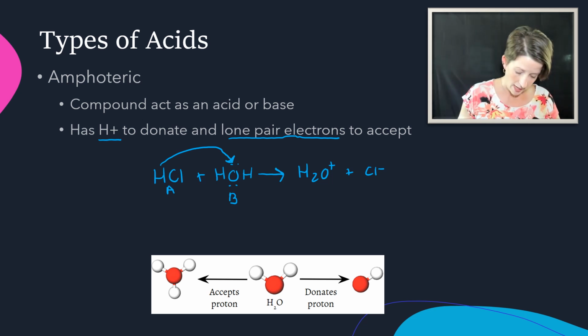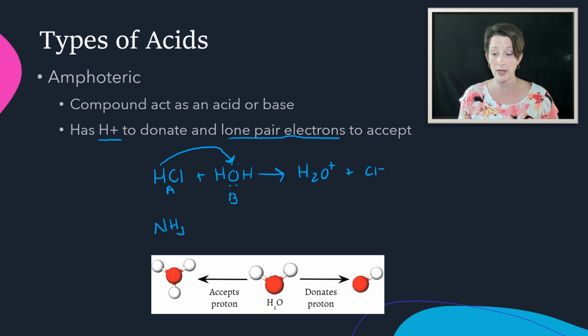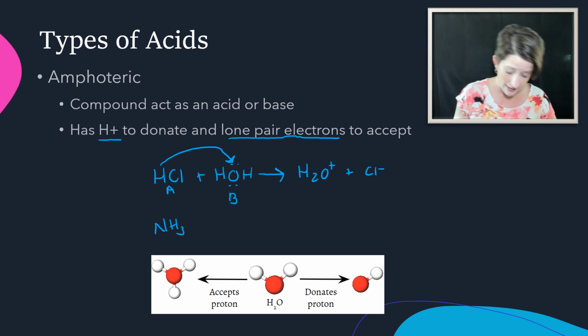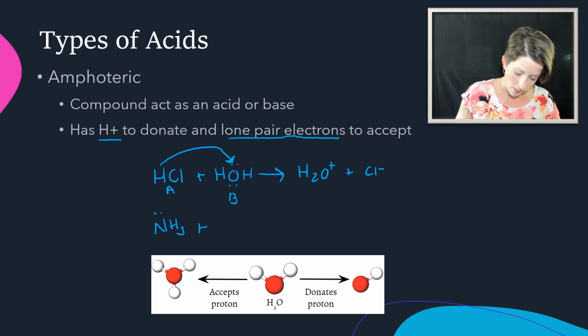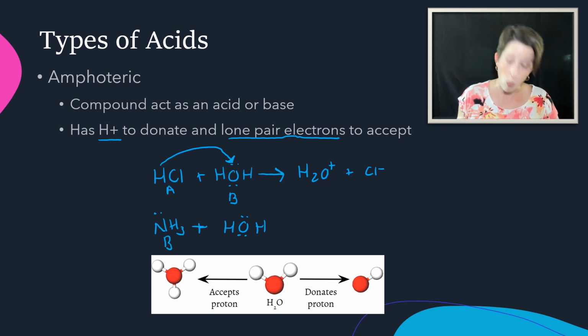However, if we have NH3, a very common simple inorganic base, it has a lone electron pair on that nitrogen because nitrogen always makes 3 bonds and 1 lone pair in its neutral form. If we put ammonia into water, that is going to be our base. Water has a proton which it can donate.